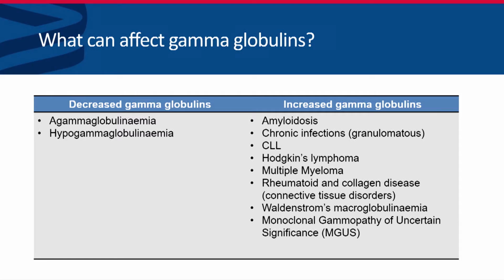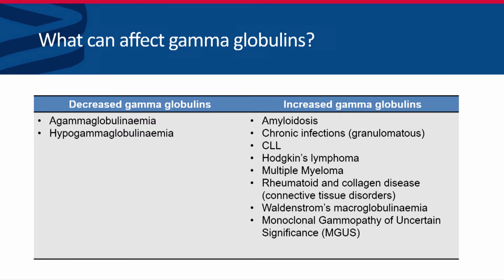The other thing to note is when we call it monoclonal, it's called an M protein, which is a bit confusing because you think, is that IgM related? No, it's just an M protein, monoclonal protein. So don't get too worried about that. But yes, we have IgG, we have IgM, and we have an M protein, so it can get a little bit confusing. But these are the causes that go up.